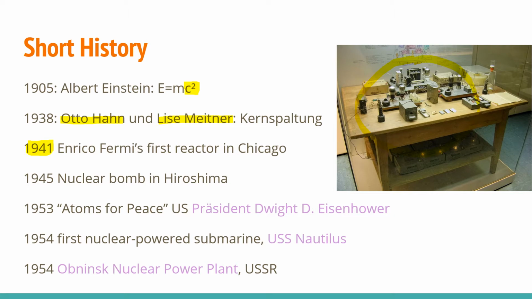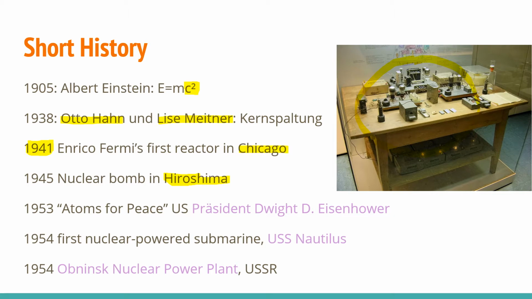They had no idea how far the Germans really were. So 1941 in Chicago, the first reactor started, and only 4 years later, the first nuclear bomb exploded in Hiroshima, sadly for the people there. This was the end of the war.